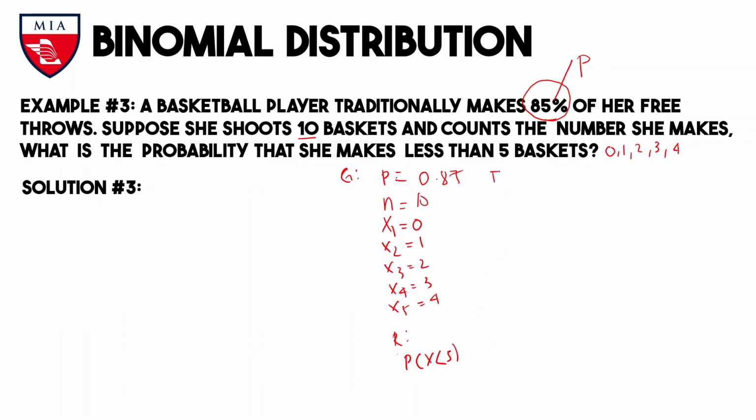For the equation, just write the formula. We have probability of x is equal to nCx multiplied by p raised to x multiplied by q raised to n minus x. For the solution, we can use the long method, wherein we solve all the probability values for the 5 x values: x1, x2, x3, x4, and x5, and add them.